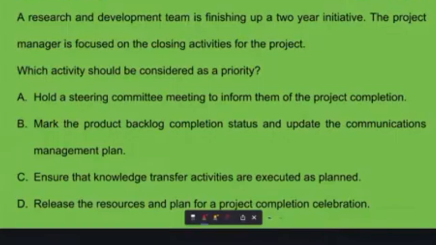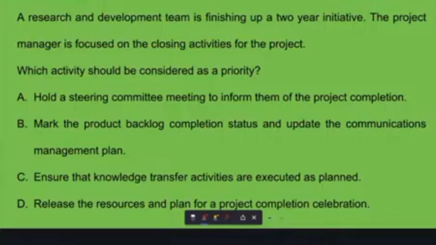B. Mark the product backlog completion status and update the communications management plan. C. Ensure that knowledge transfer activities are executed as planned. D. Release the resources and plan for a project completion celebration.